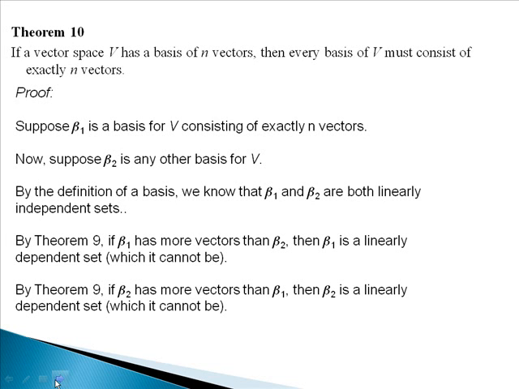And by theorem 9, likewise, if beta 2 has more vectors than beta 1, then beta 2 is a linearly dependent set, which it cannot be since it's also a basis of V. So therefore, beta 2 has exactly n vectors as well.